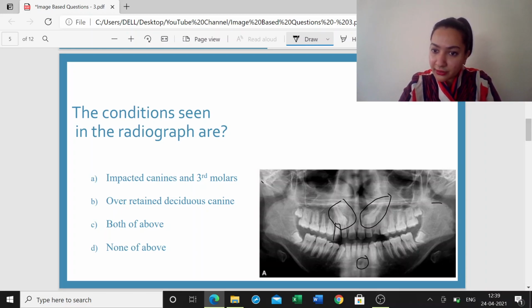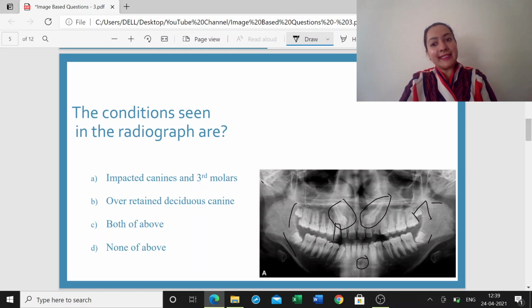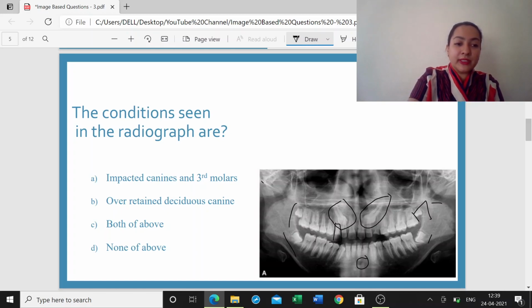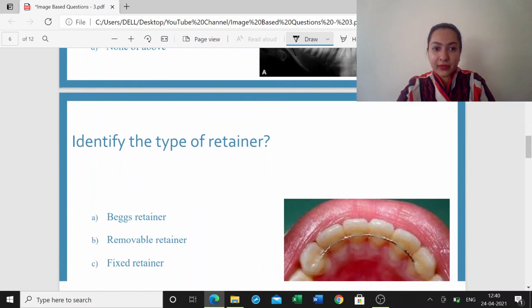Then can you appreciate impacted molars? Okay. So the conditions seen in the radiograph are impacted canine and third molars. Yes, we can see that. Over retained deciduous canine. Yes. So both of the above. So the conditions seen in the radiograph are impacted canines, impacted molars, over retained deciduous canines. Right? Next question.